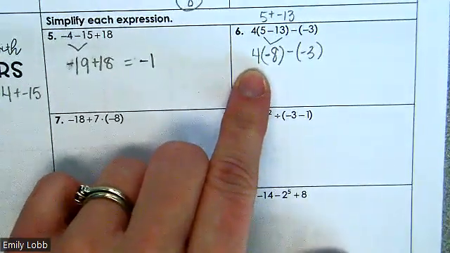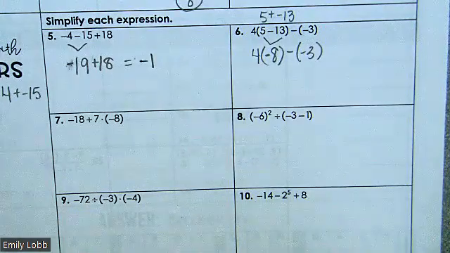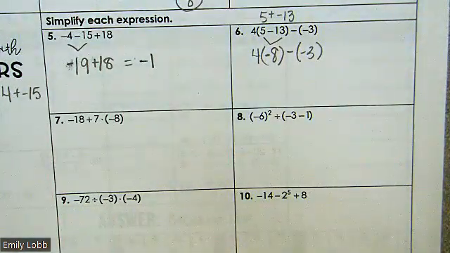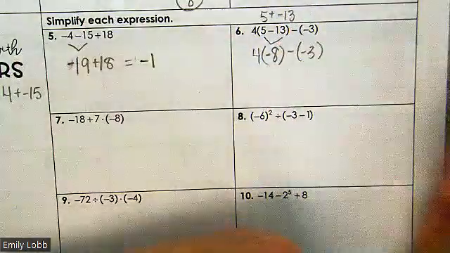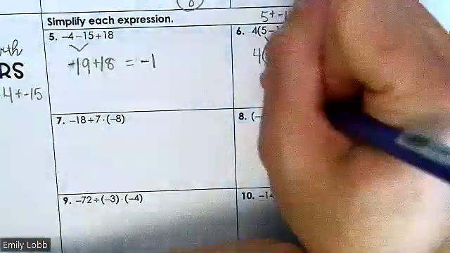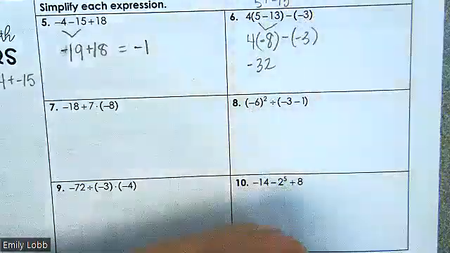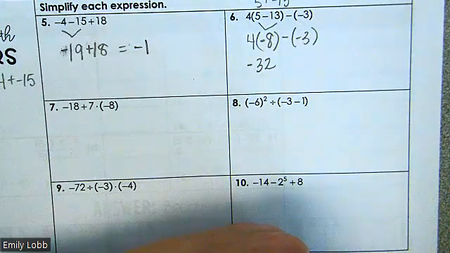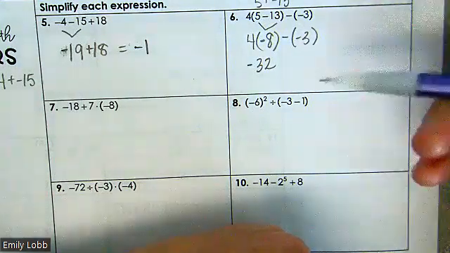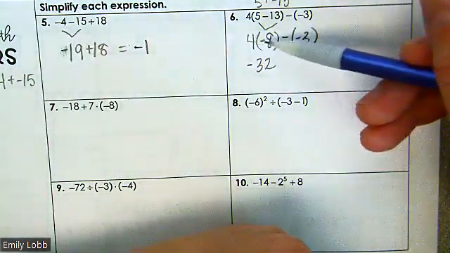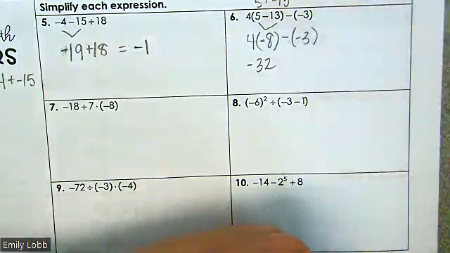We remember that parentheses is a sign of multiplication. So what's 4 times negative 8? Or what's 4 times 8? 4 times 8 is 32. And my signs are different, so it's negative. Remember that parenthesis stands for multiplication. When we have a number touching the parenthesis, we're multiplying those things.